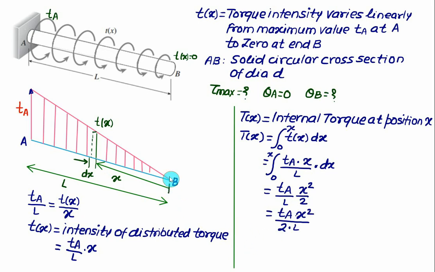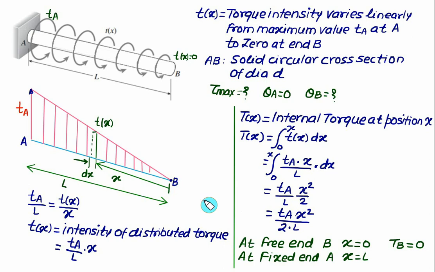Using this, we can calculate the torque at B and torque at A. So at the free end, we have x equal to 0. If I put x equal to 0, I will get the value of Tx equal to 0.